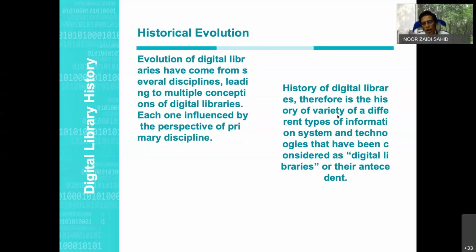The history of digital libraries, therefore, is the history of a variety of different types of information systems and technologies that have been considered as digital libraries or their antecedents. So here it is stated that the history or evolution of digital libraries differs depending on the types of information system and the technology applied to store, to distribute or disseminate, and to preserve digital information.